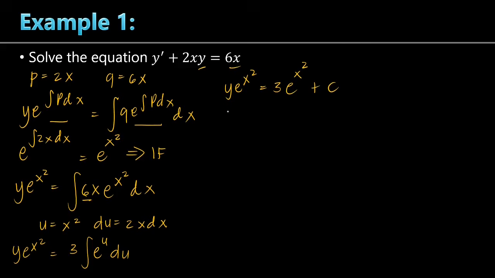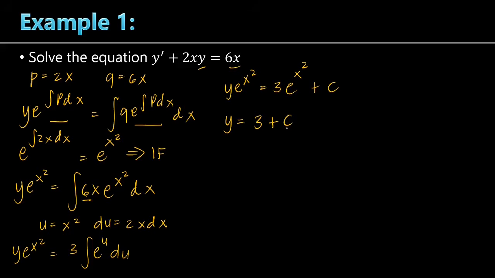So, we can now solve for y. Solving for y, we can divide both sides of this equation by e to the x squared, leaving us on the left side with y. And here, makakancel to. So, 3 na lang, and then plus C. Tapos, kapag ito ginawa nating divisor, so C divided by e to the x squared.